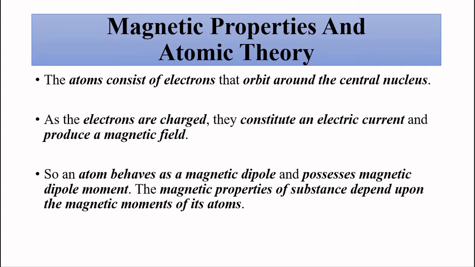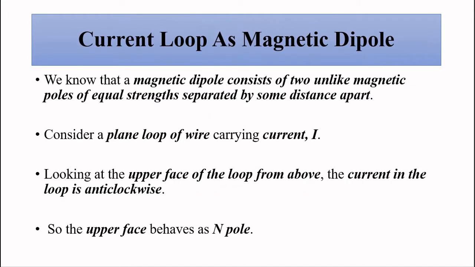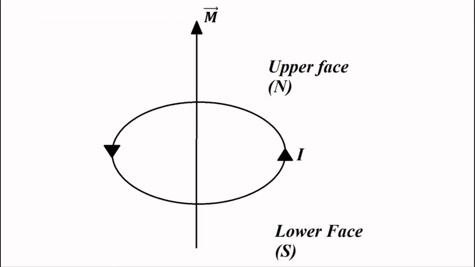So we know that an atom consists of electrons orbiting around the nucleus. So the revolving electrons around the nucleus behave as an electric current and produce a magnetic field. Now we have already discussed how a current loop behaves as a magnetic dipole. So suppose we consider a plane loop carrying a current I.